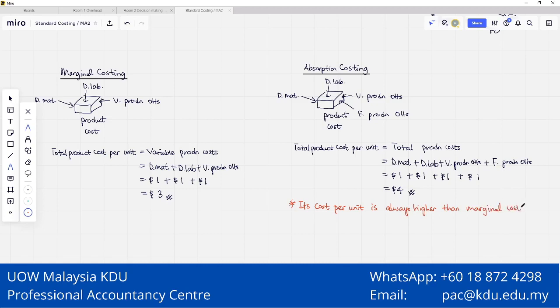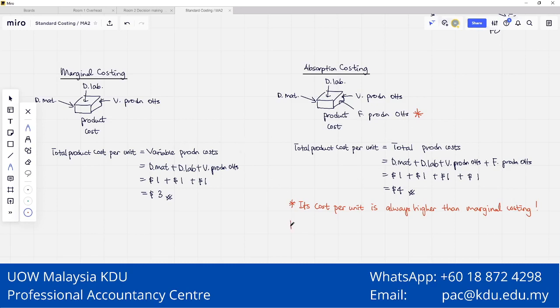The reason is that you have one extra element when you calculate your product cost per unit. That's why the cost per unit under absorption costing is always higher than the marginal.